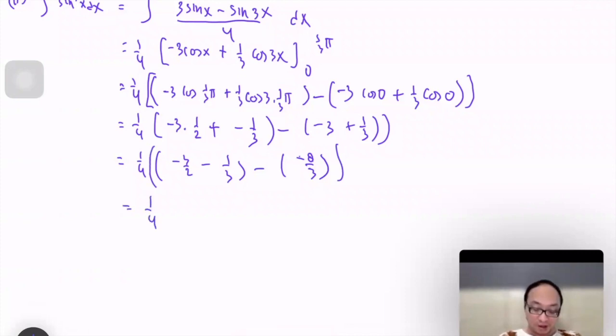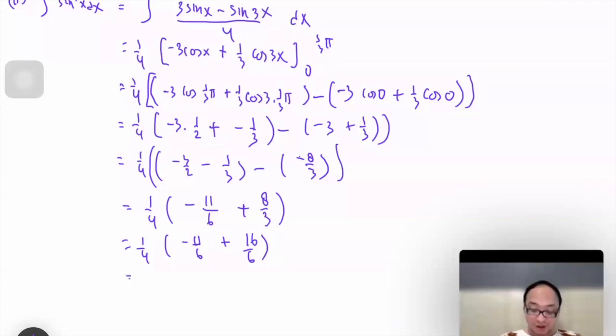So 1 over 4, this is negative 11 over 6, minus, plus 8 over 3. 1 over 4, negative 11 over 6 plus 16 over 6. So 5, yeah? 5 over 24. Yeah, this is the answer.